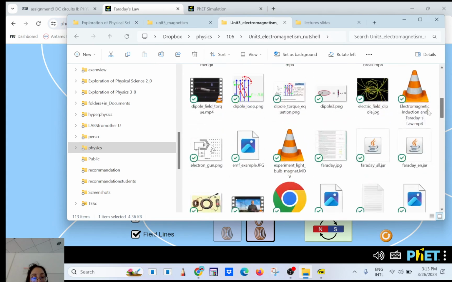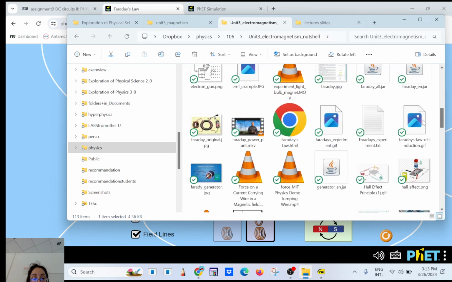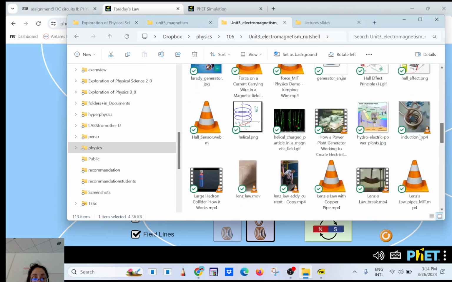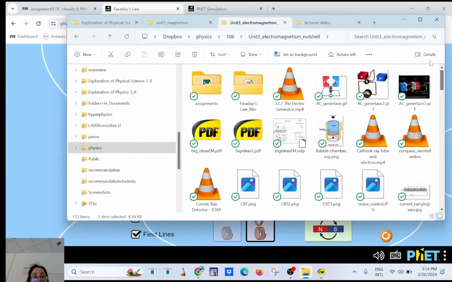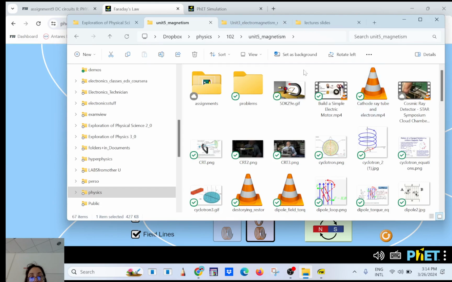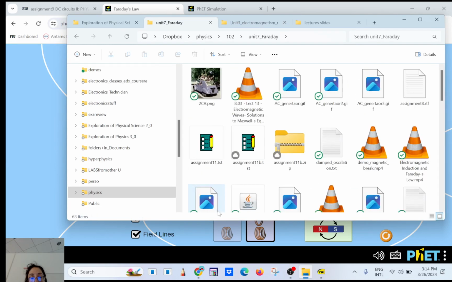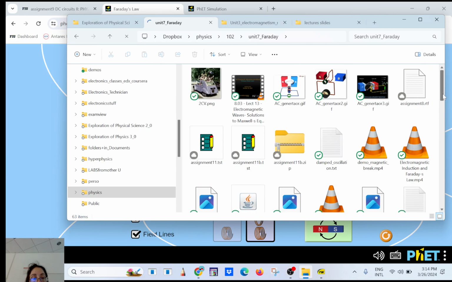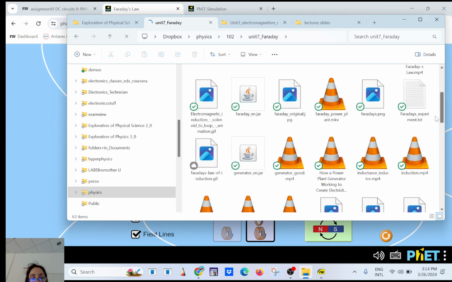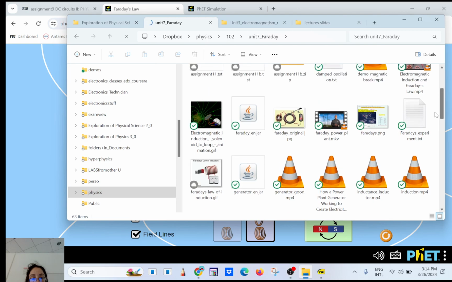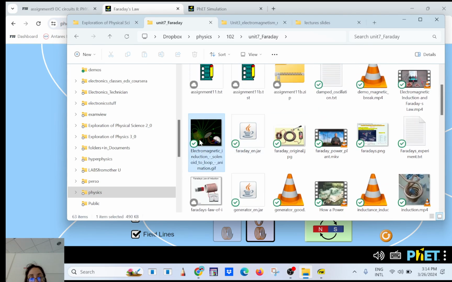I have a small GIF somewhere, but I don't know where. Maybe this one.